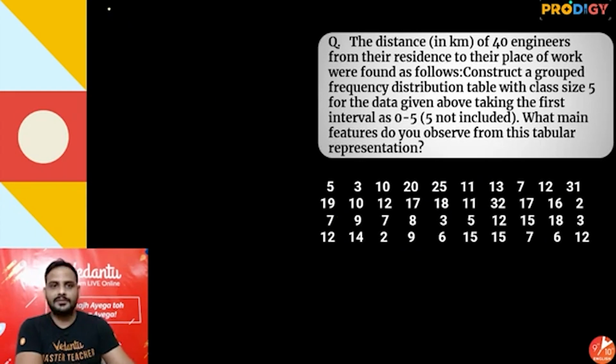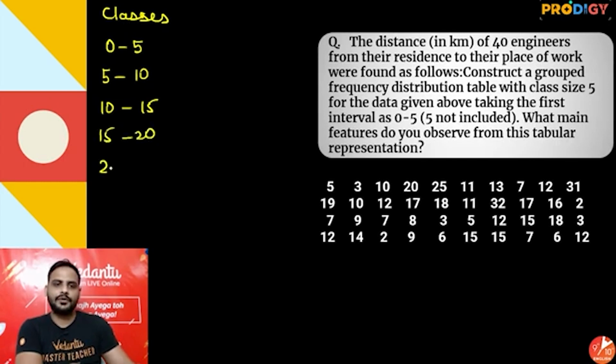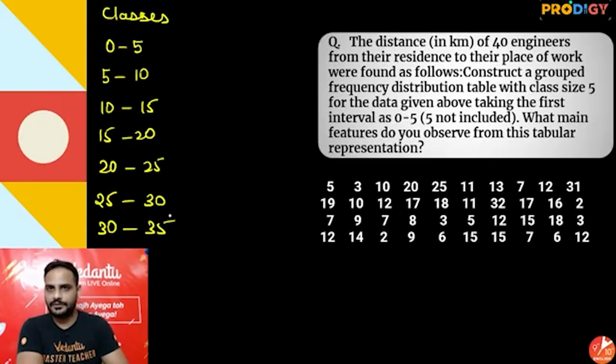So obviously I have to make classes which go up to at least 32. So 0 to 5, 5 to 10, 10 to 15, 15 to 20, 20 to 25, 25 to 30, and then 30 to 35 as well, because 32 is the highest value, right?